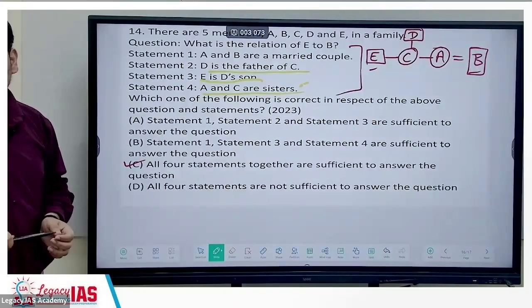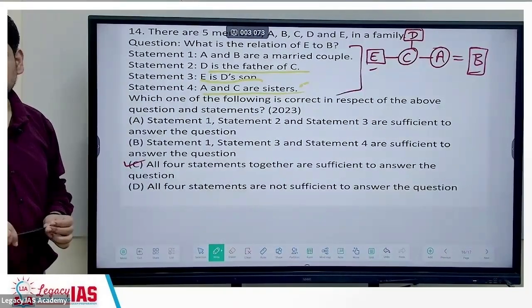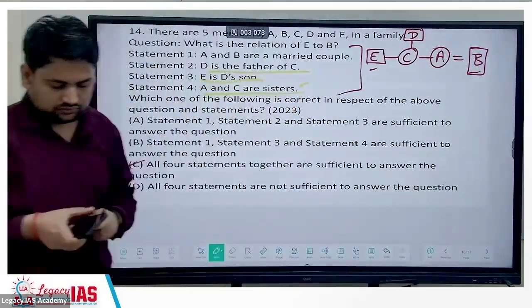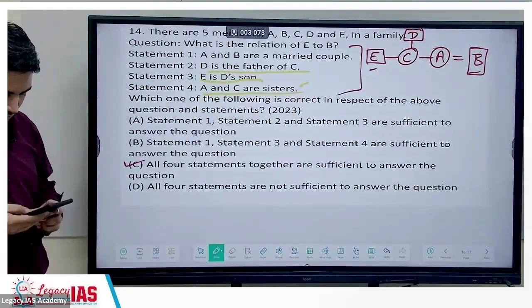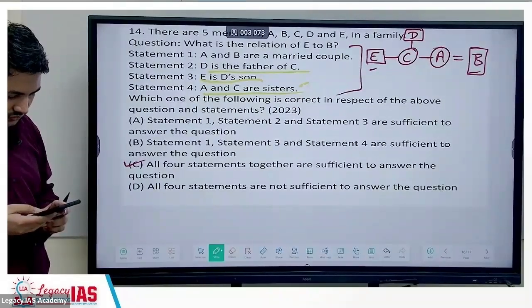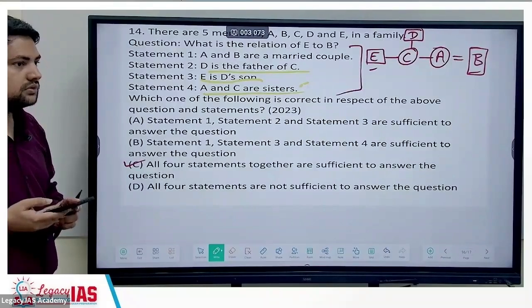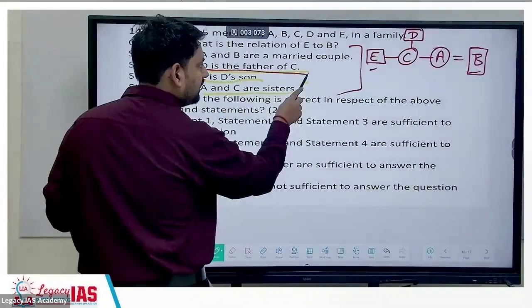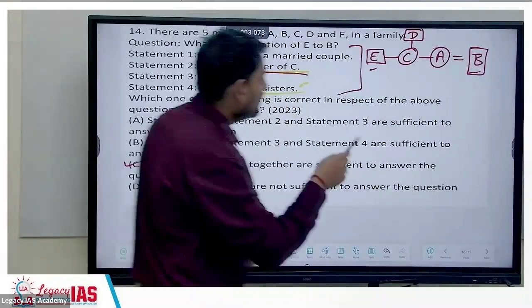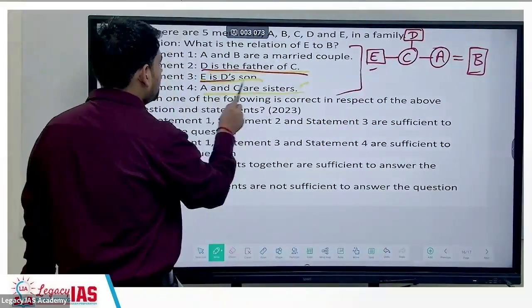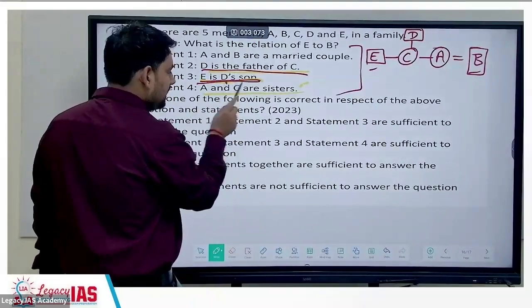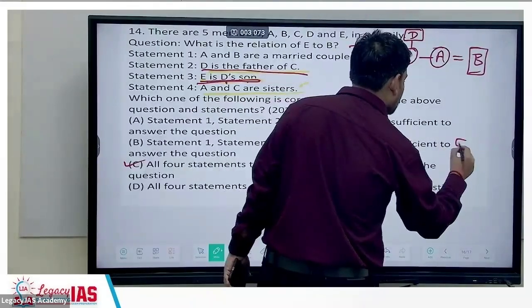Don't draw different diagrams for all of them. D is the father of C, because here see, E is D's son. So here what you are given, that E is D's son. So what it will look like, something like this.